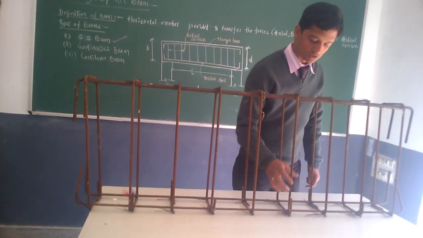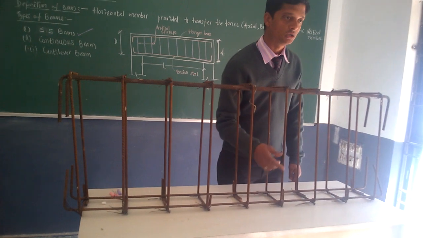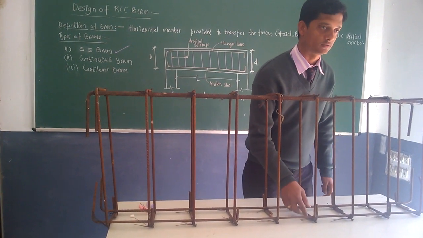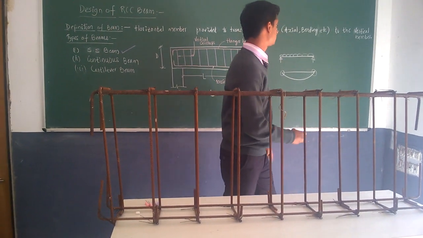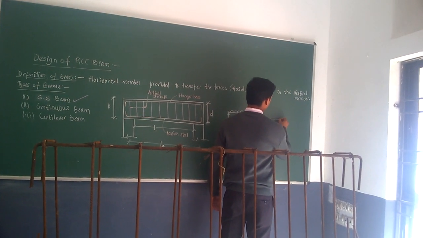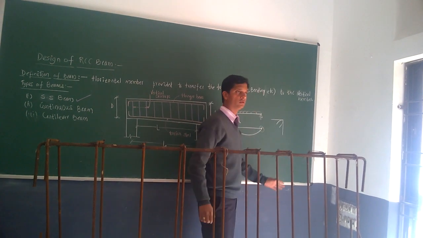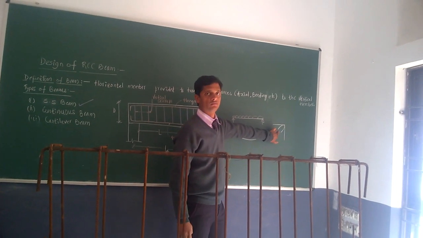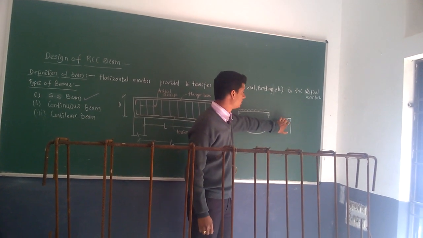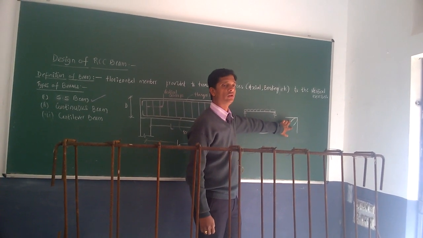If you see the nature of the bending of the vertical stirrup, you can see the bending of the stirrup here. As per IS standard, we should bend the stirrup in this way. As per IS standard, this bend should be at an angle of 135 degree.